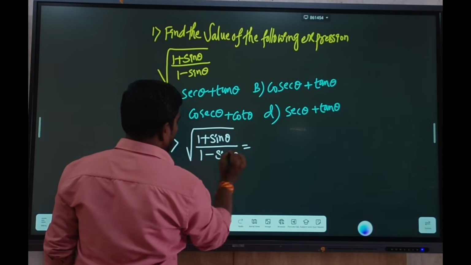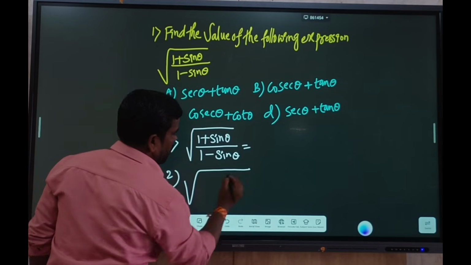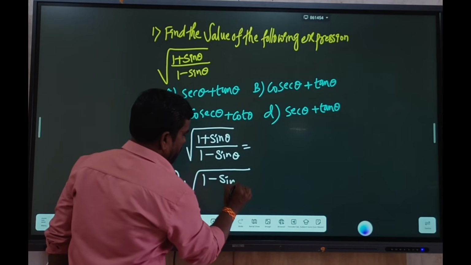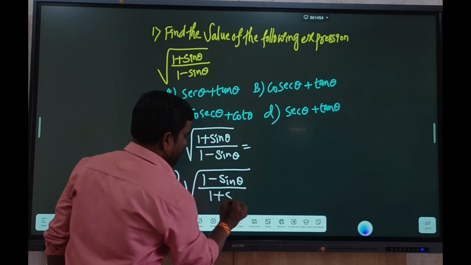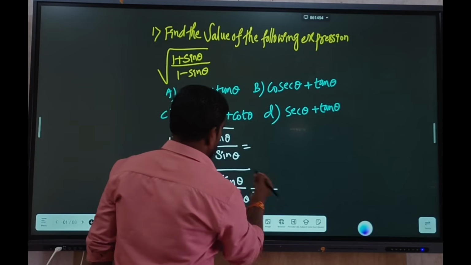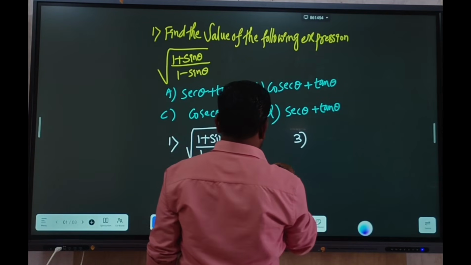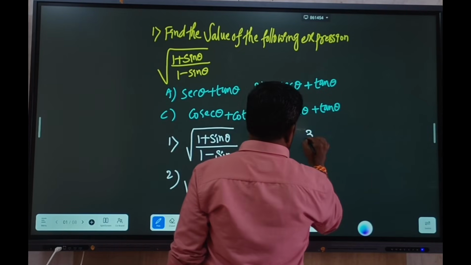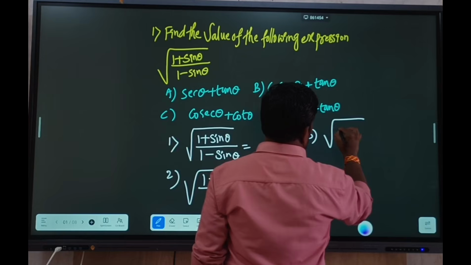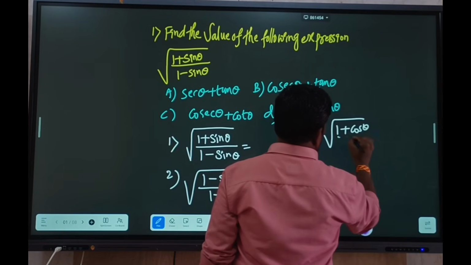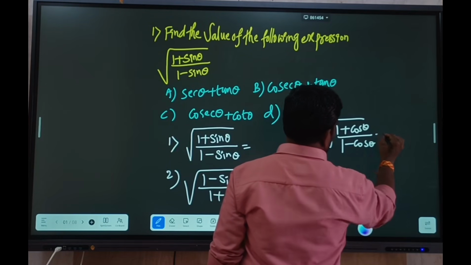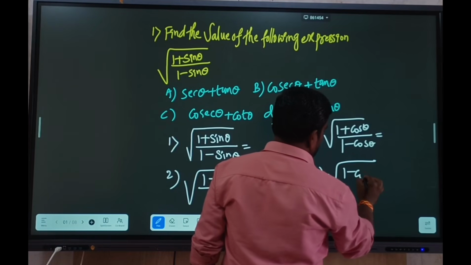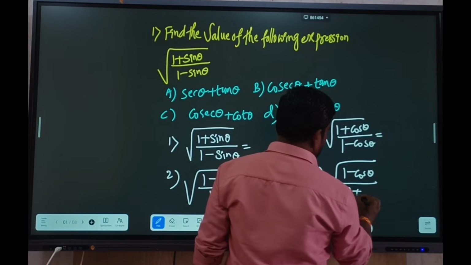Second: under root of (1 minus sin theta) by (1 plus sin theta). Third: under root of (1 plus cos theta) by (1 minus cos theta). Fourth: under root of (1 minus cos theta) by (1 plus cos theta).